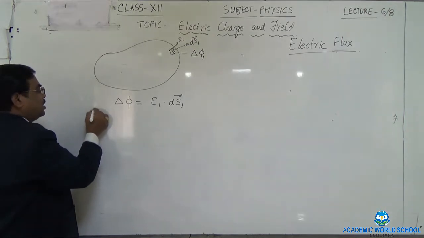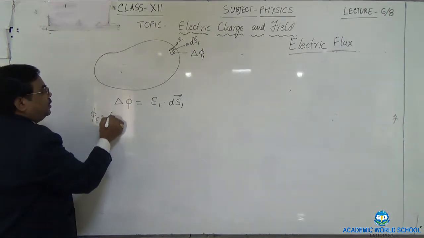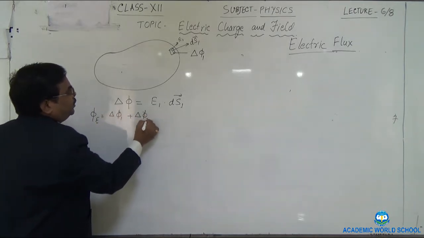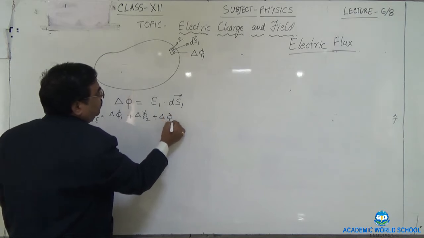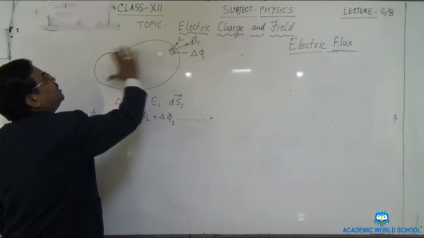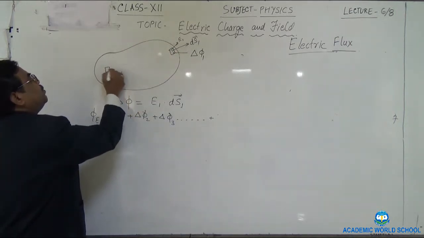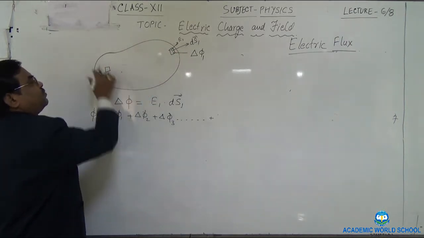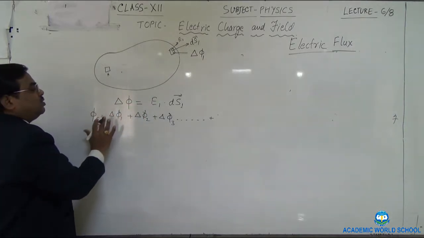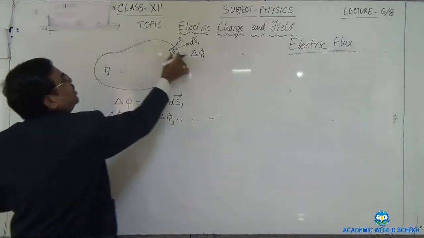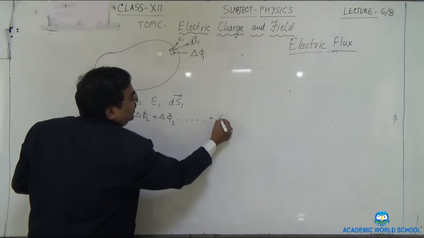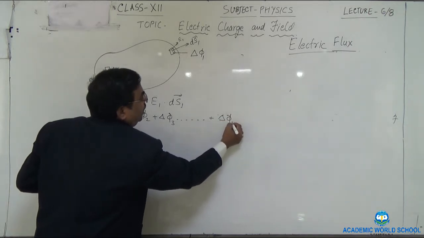So total flux will be delta phi 1 plus delta phi 2 plus delta phi 3, like this. I can imagine that this whole surface is made up of n number of small surfaces. So total flux will be the sum of all the flux emerging out from this surface, up to delta phi n.